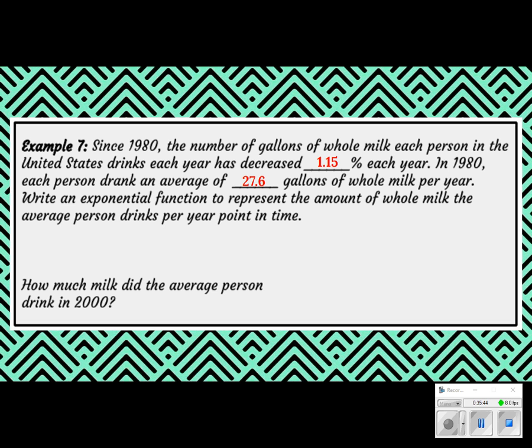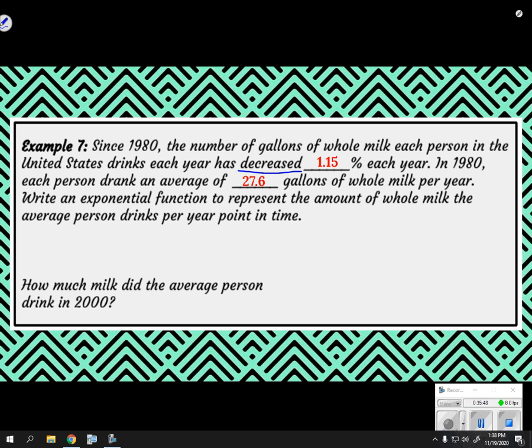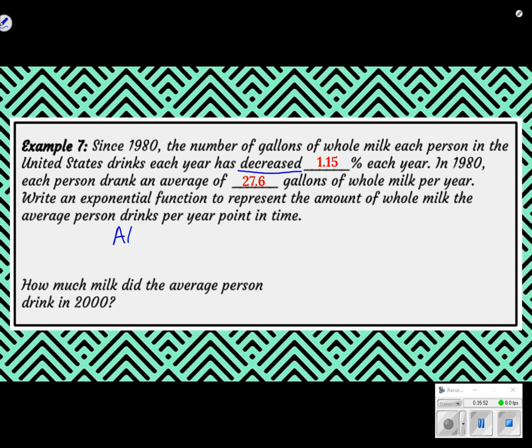All right, so we are definitely looking at a decay, right? It's decreasing. We have a percentage, so we're going to go with A of t equals A times 1 minus r to the t power. Again, you don't have to memorize that one, but it is something that you need to know. When do you use it? We know the starting amount.